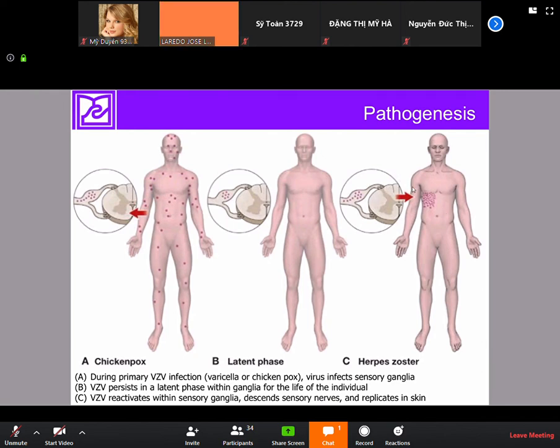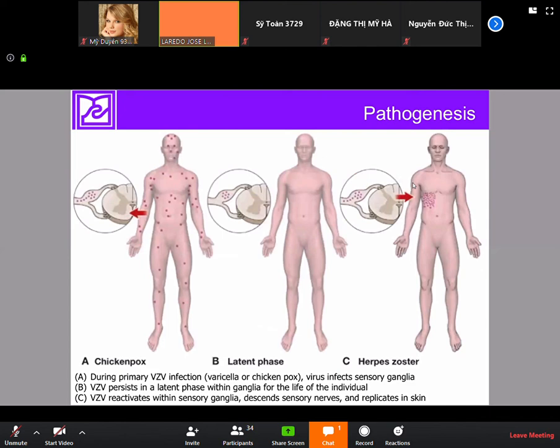More questions? Yes. Is the reactivation always weaker than the primary disease? The reactivation is usually milder than the primary disease. Yes, usually, but not always.